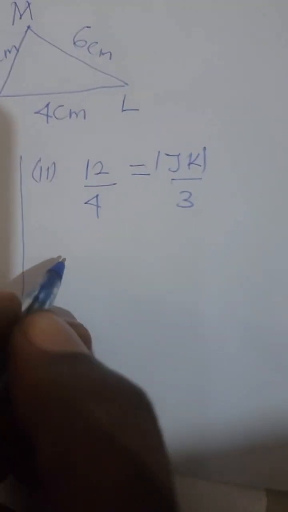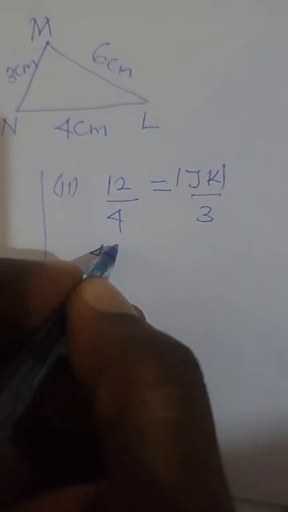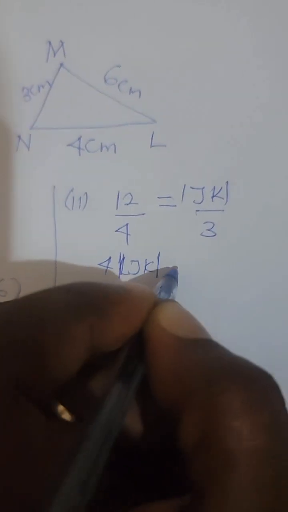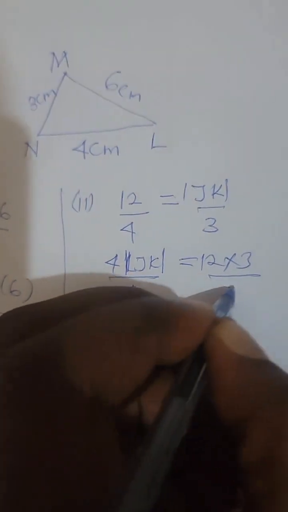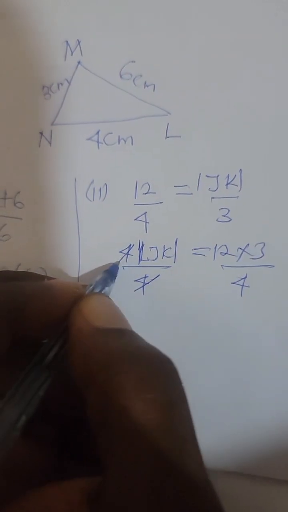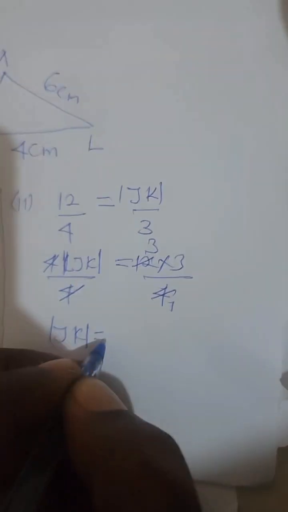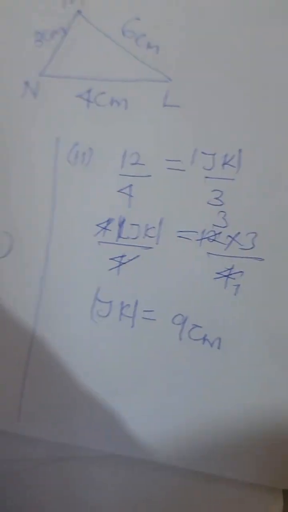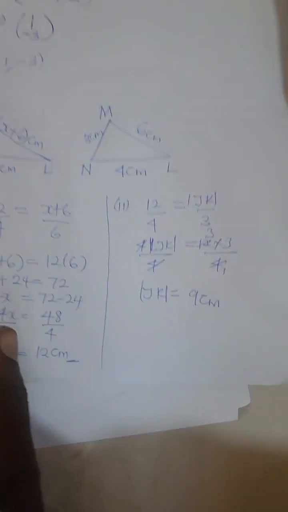So I cross multiply: 12 times 3, 4 times JK is equal to 12 times 3. Divide through by 4. 4 goes off, 4 here gives 1, 4 here gives 3. So my JK is going to be 3 times 3, which is 9 cm. And that ends question B.